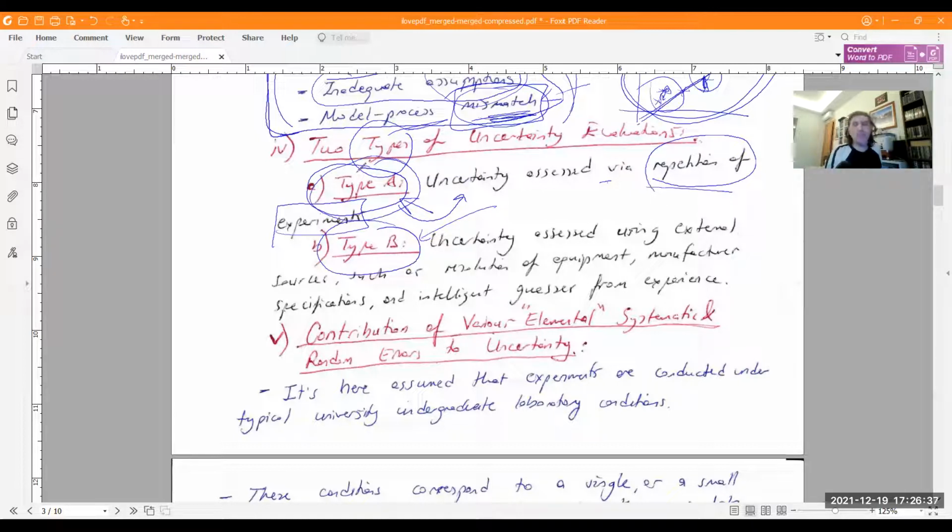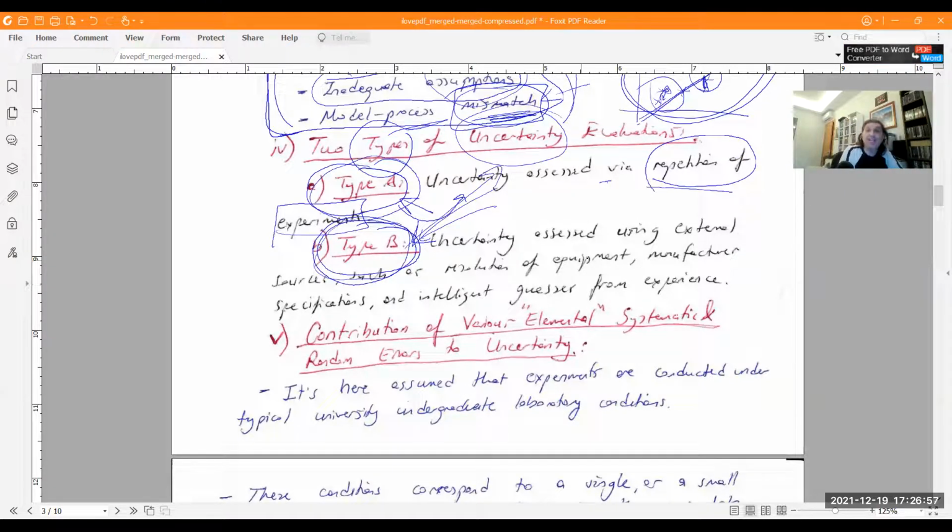But there are also the so-called type B evaluations of uncertainty. These have got nothing to do with experimental repetitions. Even if you repeat the experiment, it's going to give you no idea about these type B uncertainty values.